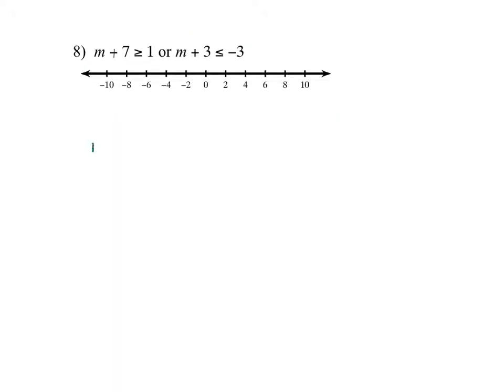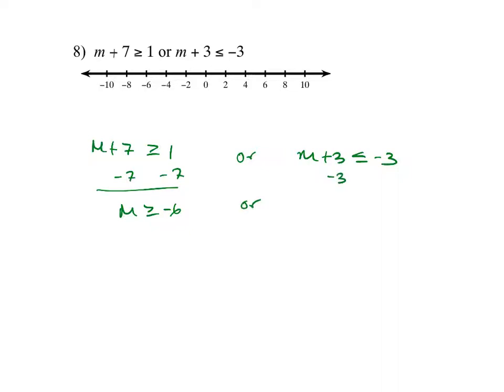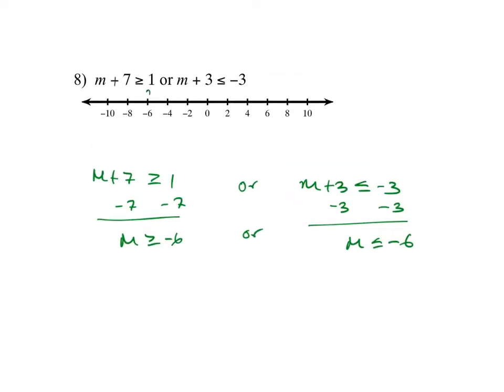Okay, so I have n plus 7 is greater than 1, or n plus 3 is less than -3. So -7, I have that m is greater than or equal to -6, or -3, I have that m is less than or equal to -6. Right? So in this case, I'm going to go with the m greater than -6, so it's that number over there.